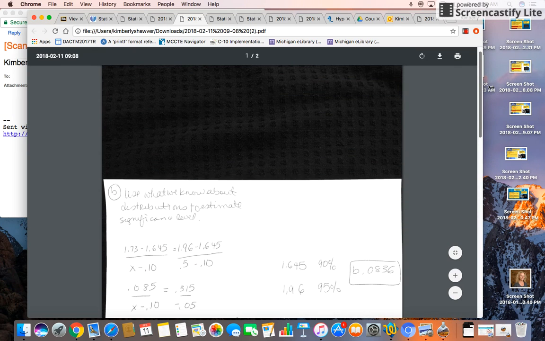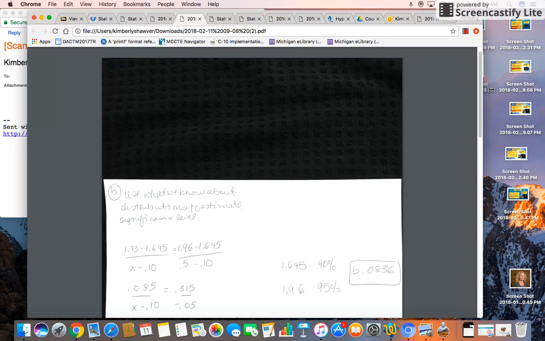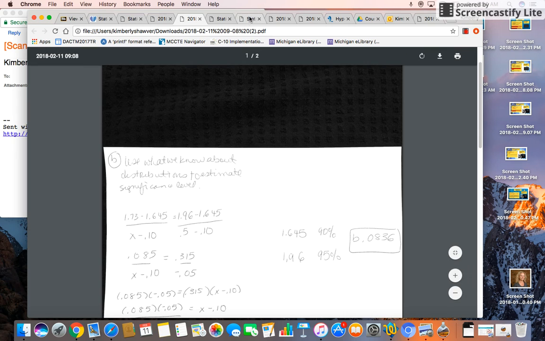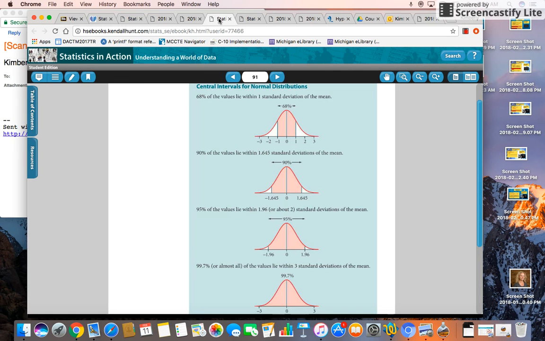Now for question B, it's kind of working in the other direction. It asks you to find the significance level, but the strategy I'm going to use is still the same. I do want to refer back to something earlier in the course. Way back on page 91, when we were first learning about distributions, I learned that 95% of the values will fall plus or minus 1.96 on either side of the mean.